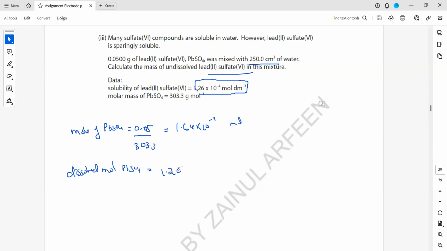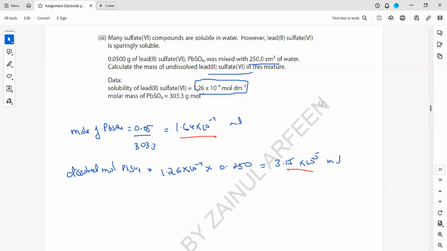So 1.26 × 10^-4 multiplied by volume, which is 0.25 dm³, because 250 cm³ is 0.25 dm³. This will give us how many moles will dissolve in 250 cm³. That is 3.15 × 10^-5 mol. So 3.15 × 10^-5 is what will dissolve, and this was the total moles.